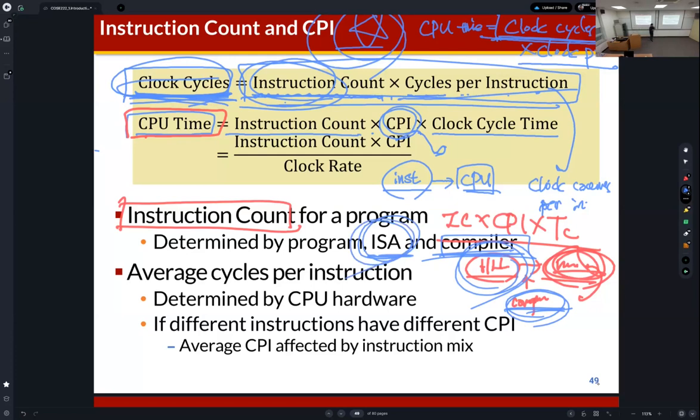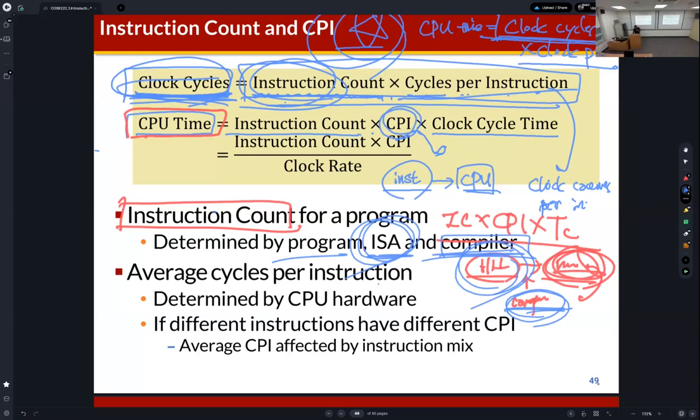In chapter 2, we will learn about the instruction set architecture, and you will be able to understand why it decides the instruction count. So these parts, algorithm, ISA, and compiler, decide the instruction count.